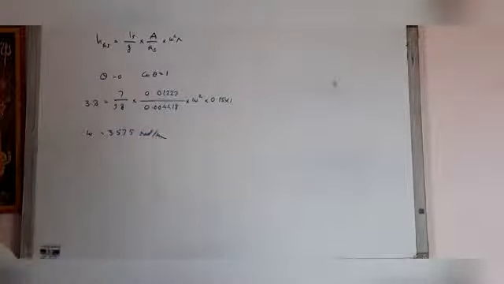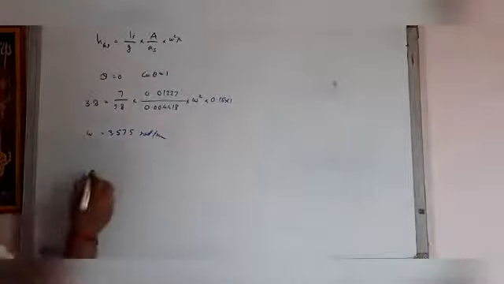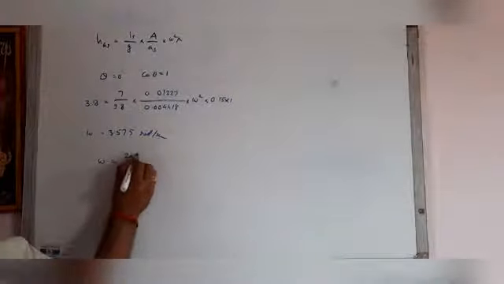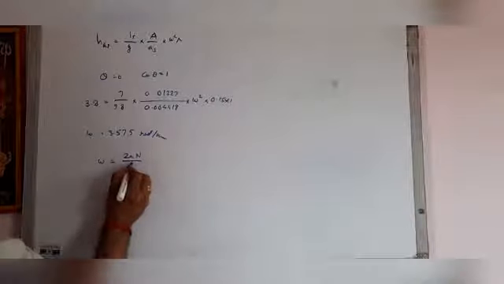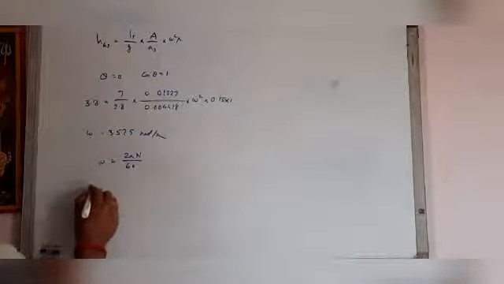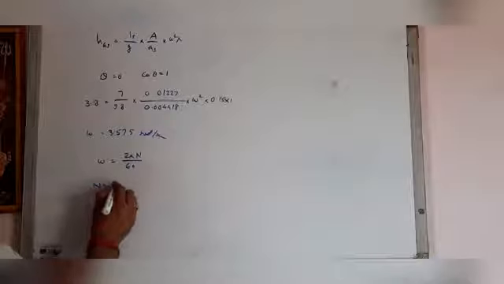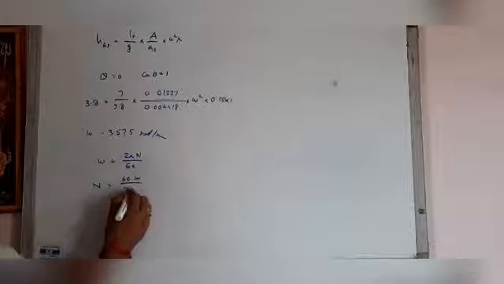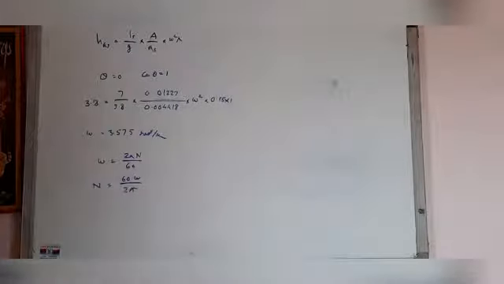But we know omega equals 2 pi N by 60. So N equals 60 omega by 2 pi.